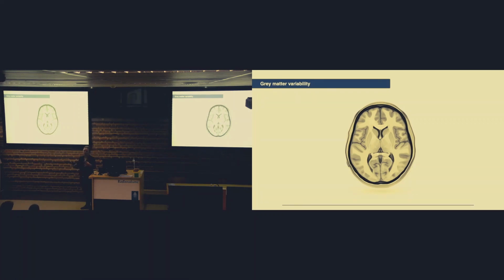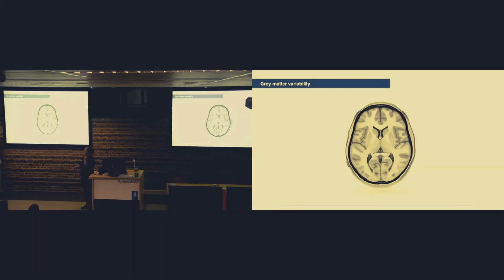Areas that are more variable between us end up being a bit more blurry, like the temporal lobe here. And that is because in order to make the template, you have to overlay everyone into the same space, and you have to make them look alike. Now, if you have a different anatomy, it gets blurry because you can't align the boundaries of the anatomical features correctly.